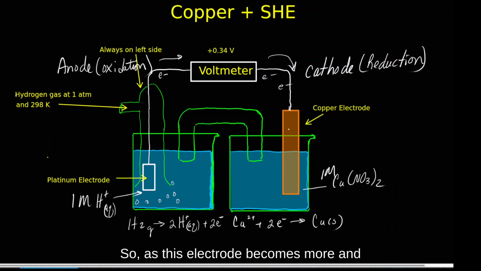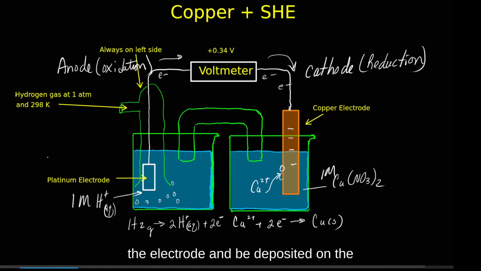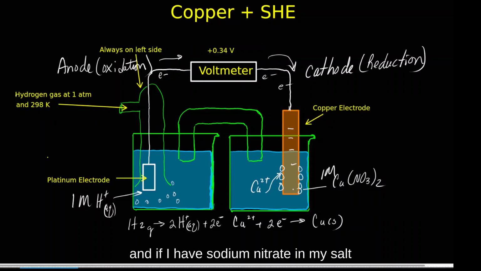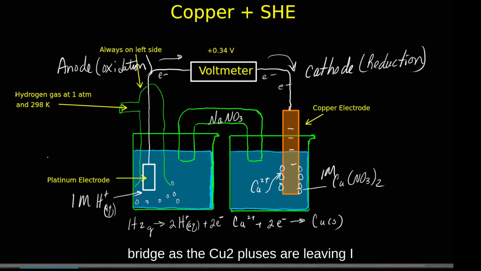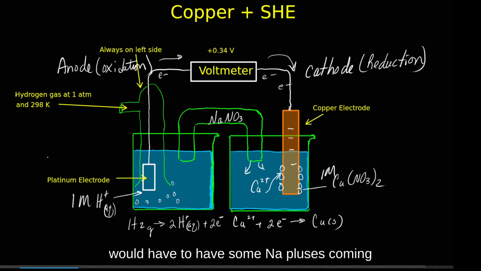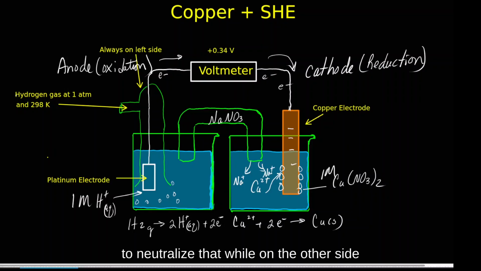So as this electrode becomes more and more negative, Cu2 plus ions will travel to the electrode and be deposited on the electrode. And if I have sodium nitrate in my salt bridge, if Cu2 pluses are leaving, I would have to have some Na pluses coming in to neutralize that.